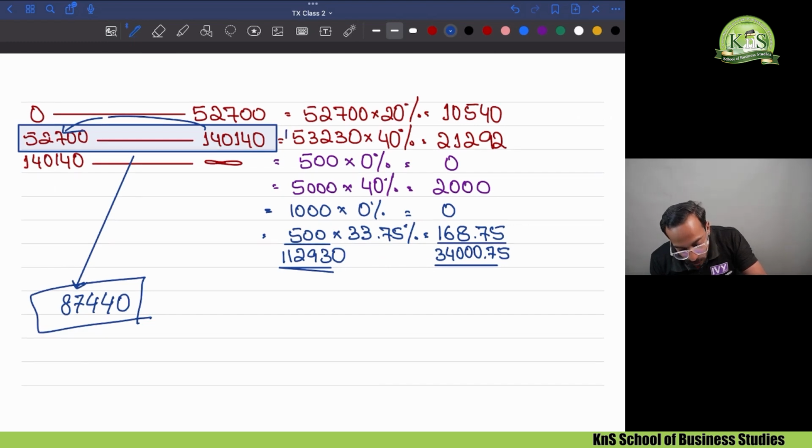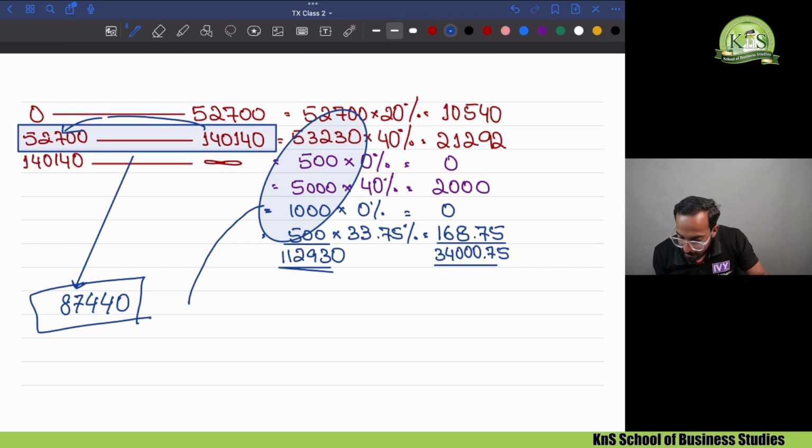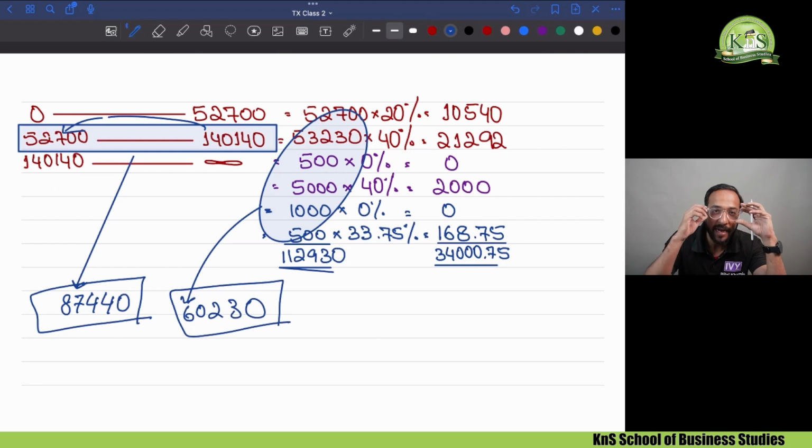Just check that you are not crossing that second band limit. Just add it: 53,230 plus 500 plus 5,000 plus 1,000 plus 500. Its total is 60,230. It means you are still in the second band.